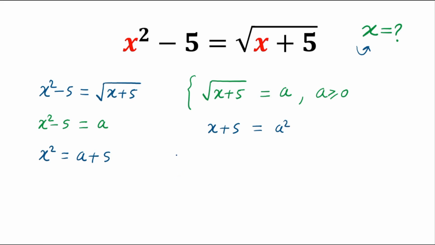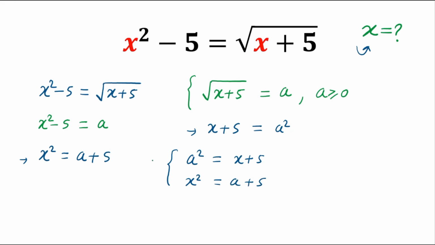We have two equations here. First equation, a square equals x plus 5, and second equation is x square equals a plus 5.